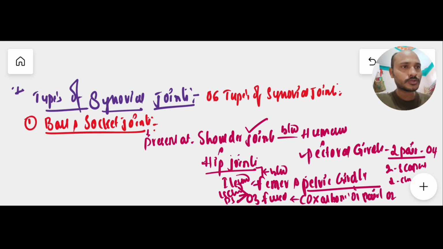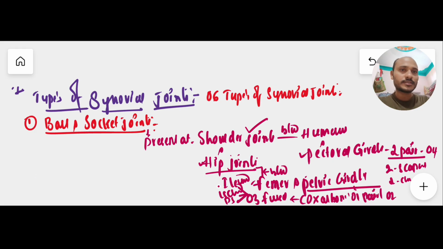These three bones together form one coxal bone on one side, and on the other side three fused bones form the other coxal bone. So we have one pair of pelvic girdle or coxal bones. Between the femur and pelvic girdle we have the hip joint, which is also an example of a ball and socket joint.